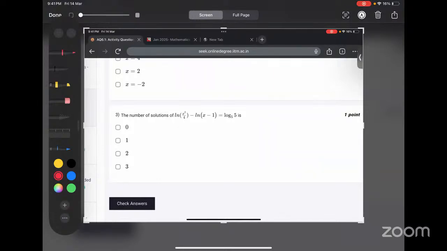I'm waiting for some time. In a similar way to what we did in the last problem, except that this is a log function. So you have to think about the domain of the logarithm, domain and codomain of the logarithmic function.